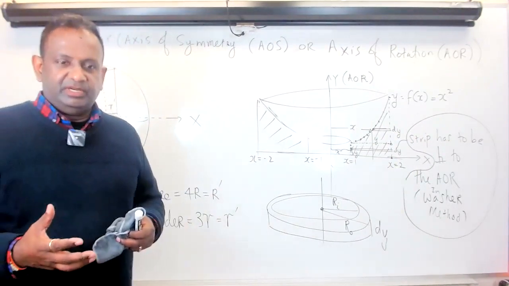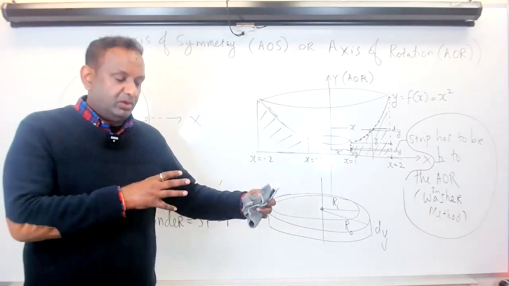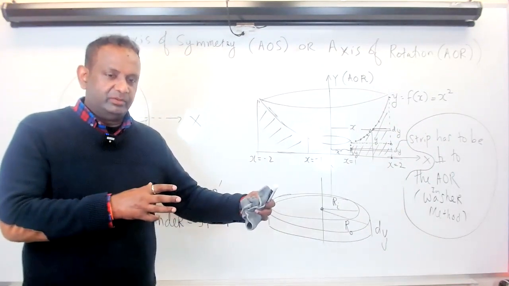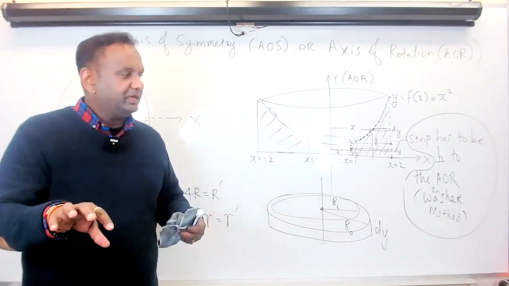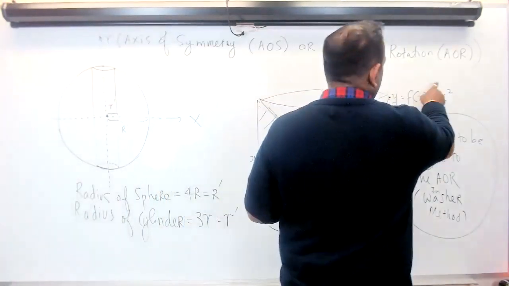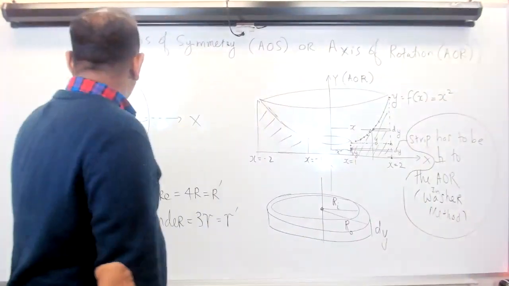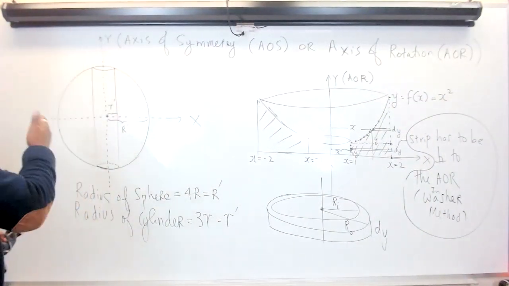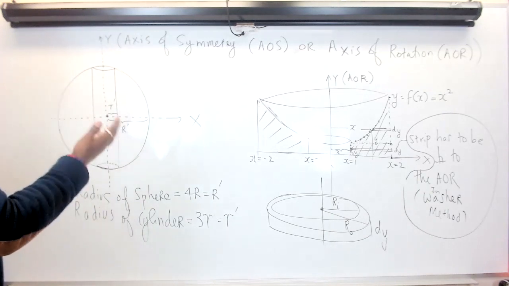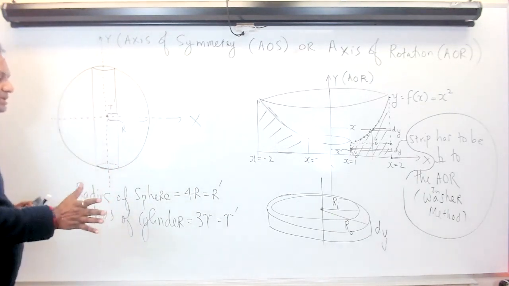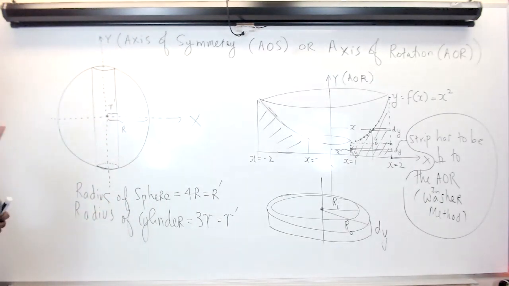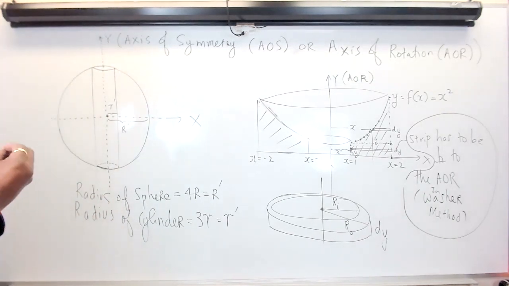If you integrate with respect to x, then all the terms in that integrand have to be in x, and any y term can be easily replaced, because there's a relationship between y and x. But there's no such thing here. Here the three-dimensional figure has already been generated. There's no equation for either the sphere or the cylinder here. Take the difference, get a clear-cut idea of what's going on over here.